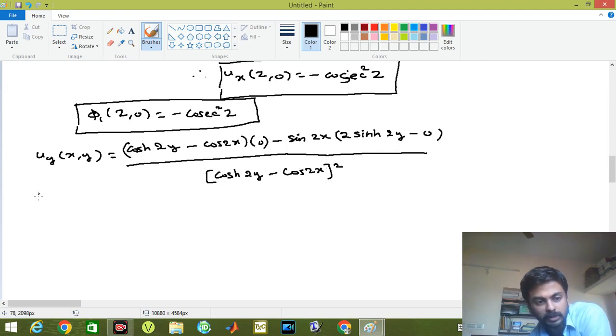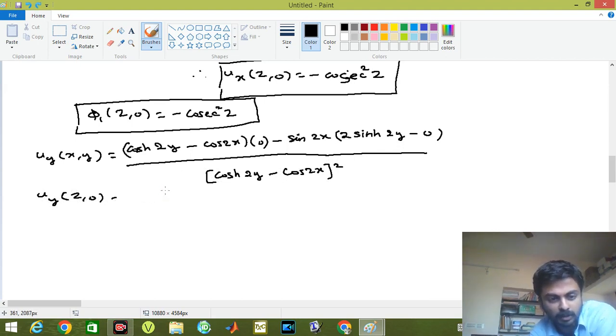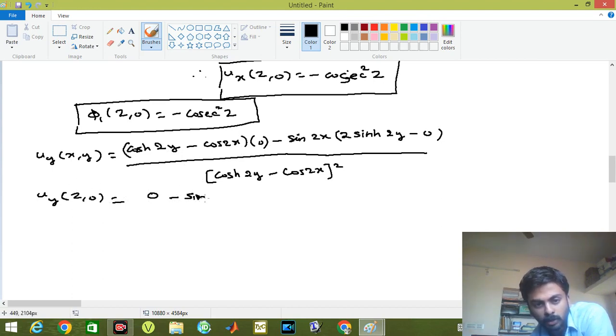Now we shall find uy of z comma 0. Our first term will become 0 completely, since 0 and anything will become 0, minus sin 2z into 2 sin h of 0 minus 0 will become nothing.